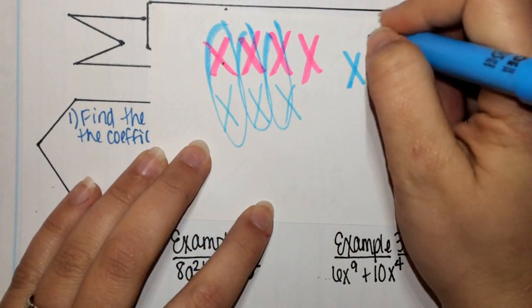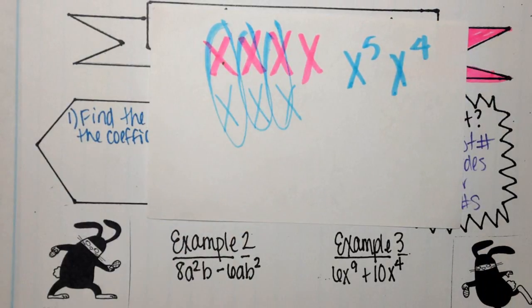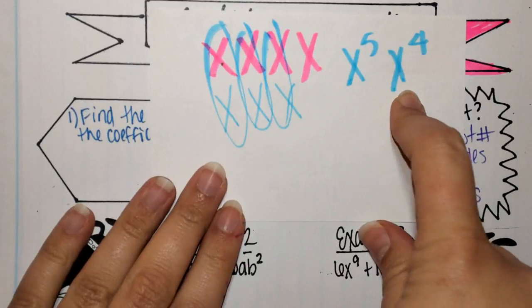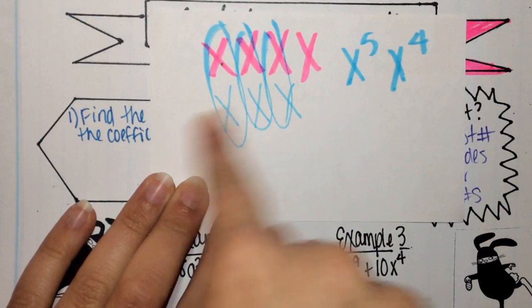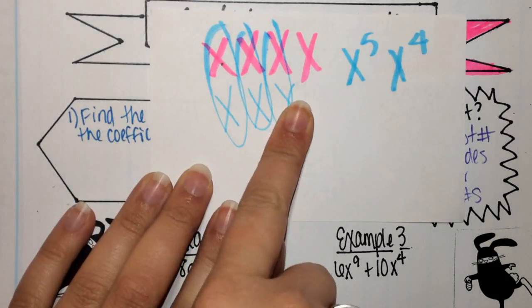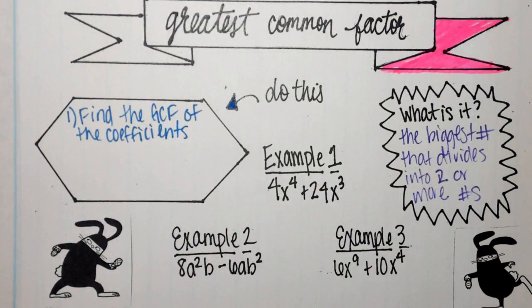Now what if I had x to the fifth and x to the fourth? How many would they have in common? Four, because each has at least 4. So is 4 the smaller of the numbers? Yes. Was 3 smaller here? Yes. And x cubed doesn't have 4 x's in it. So you always take the smaller exponent. So step 2, take the lowest exponent.